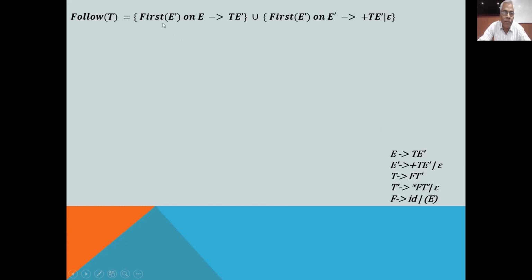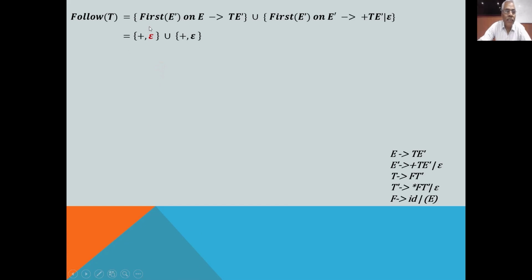So I have written here first of E dash on this production, union follow of this T equal to first of this E dash. So I have written here first of E dash on E dash to plus T E dash.